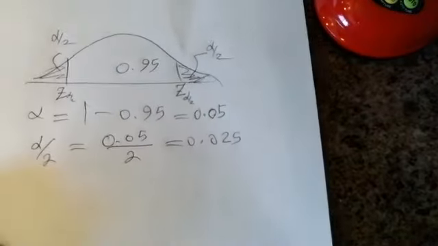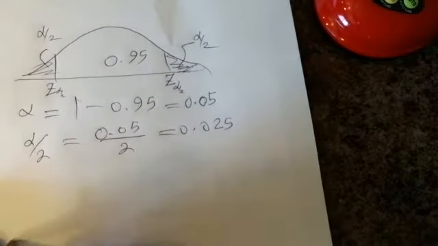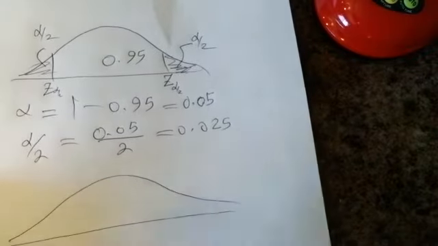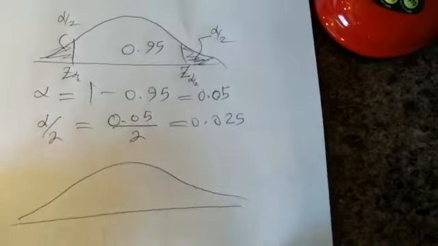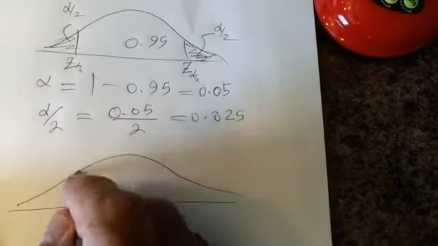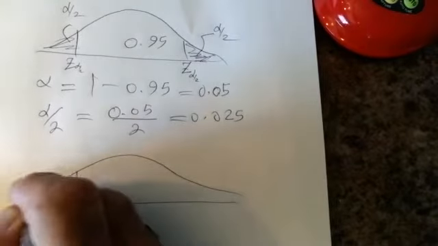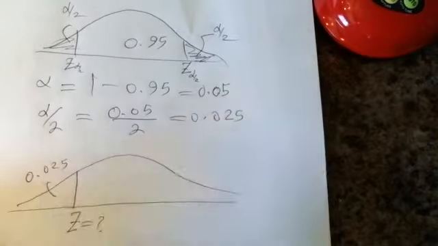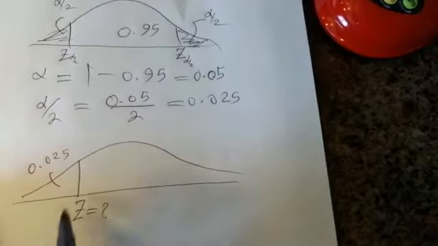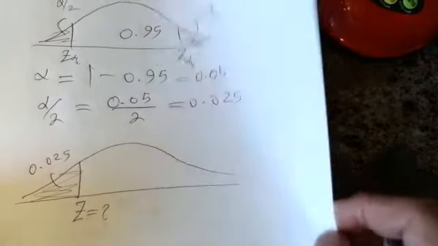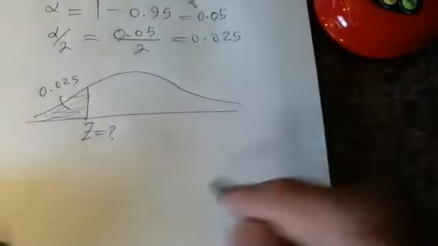Now, let's say you have a standard curve and you want to find the z value here when the area is 0.025. There are two ways to do it. One is to just go to the tables, table A2.